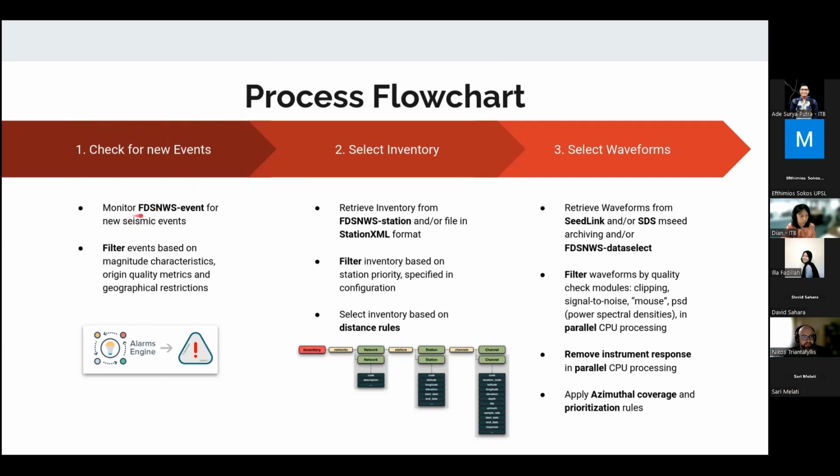Currently it supports FDSN-WS, a very well-known standard in the seismological society, and particularly FDSN-WS event to retrieve seismic event information. Then it can filter events based on specific characterizations like magnitude, some qualities of the origins, or geographical restrictions that you want to have.